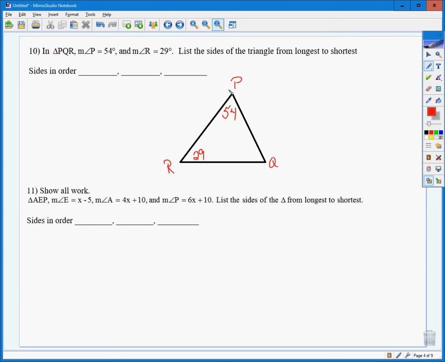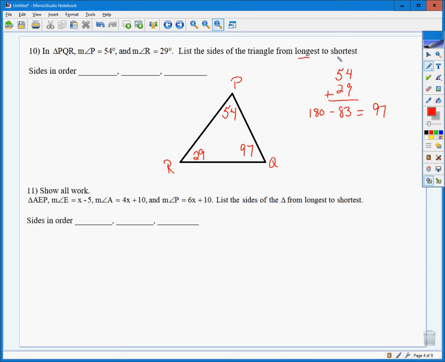In order to list the sides in order from least to greatest, I do need to find the missing angle. So I'm going to take the 54 and the 29 and add them together. And 54 plus 29 is 83. And I'm going to take that and subtract it from 180. So the remaining angle is going to be 97 degrees.